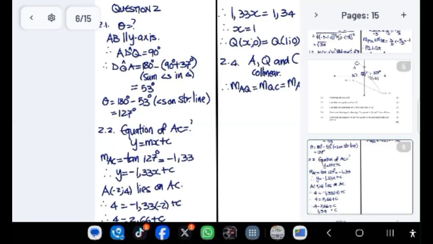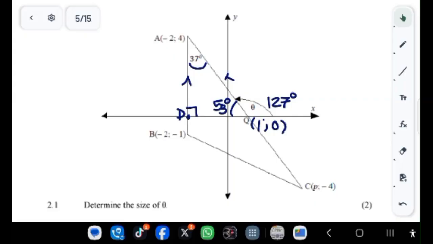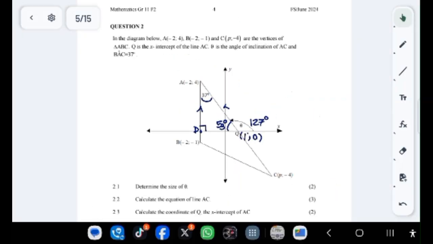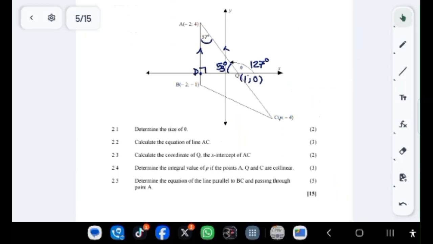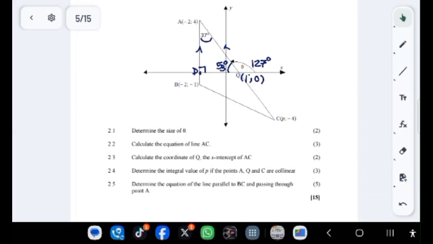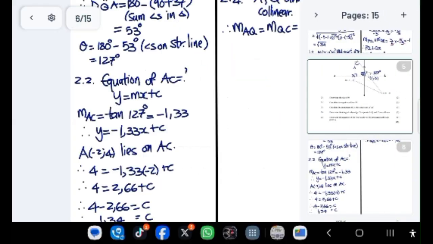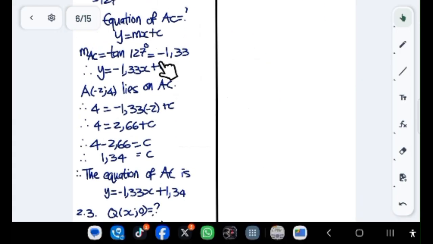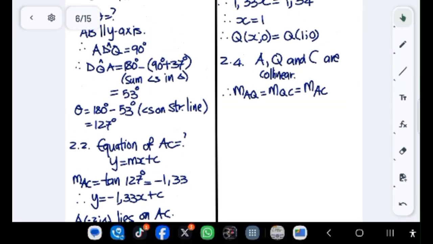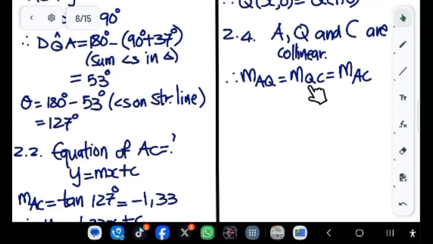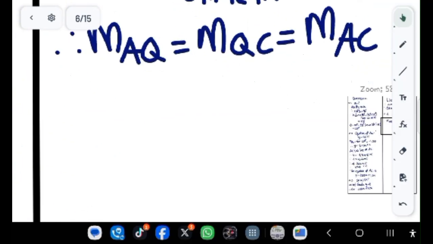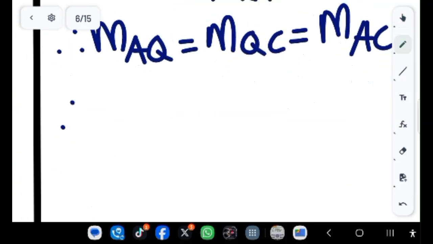Let's go back and check. Yes, we do have the gradient of AC, we just calculated it. That's negative 1,33.